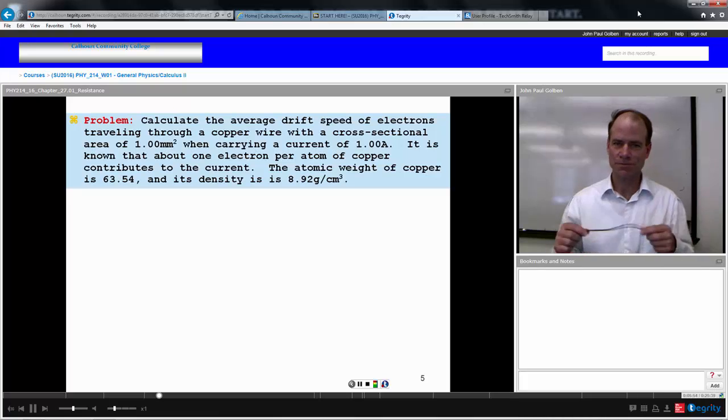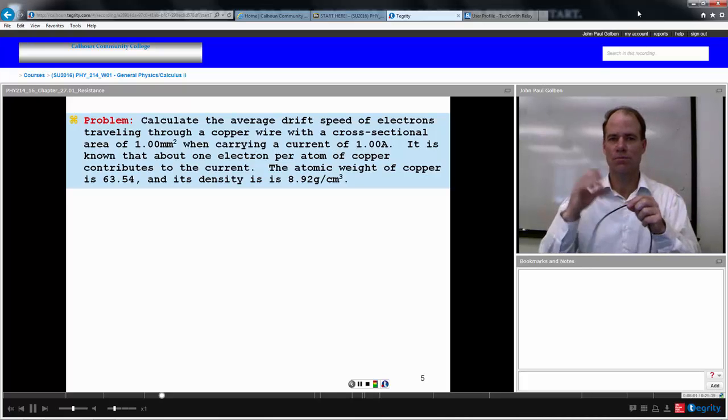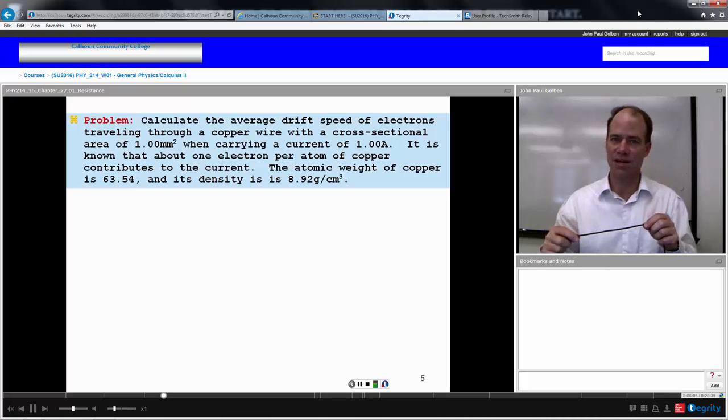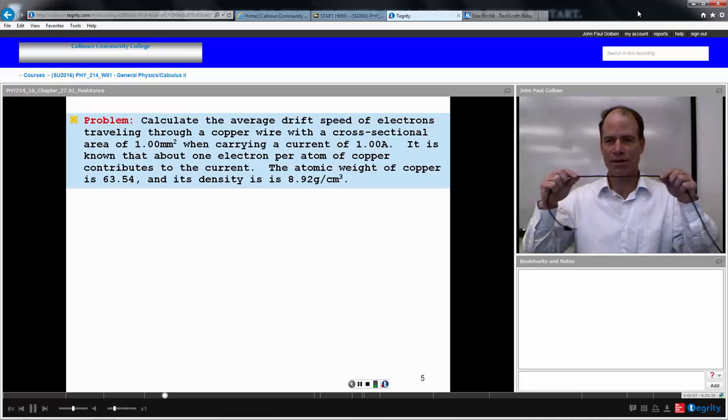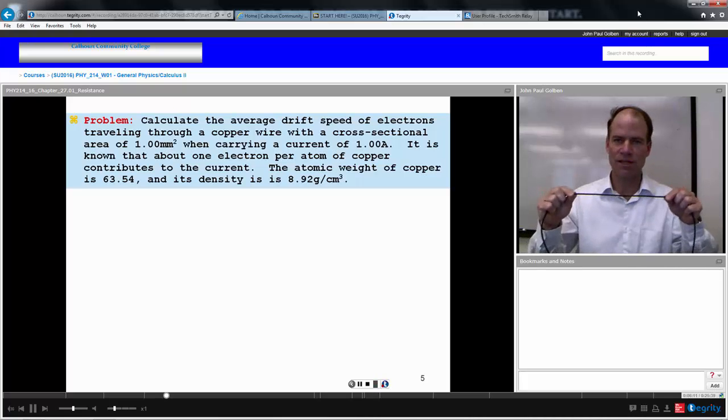So, we have a wire, 1 square millimeter of thickness is actually a pretty thick wire, carrying a good current. 1 amp is a lot of current. We want to find out how fast the electrons are traveling through this wire.